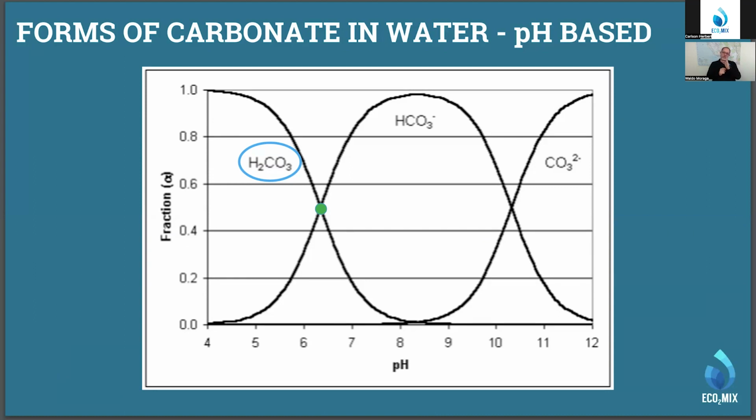But when the pH is around 6.5, we have 50% bicarbonates and 50% carbonic acid. For us, this is the sweet spot for water pH for irrigation. With a pH of 6.5, we have almost all the benefits of the carbonic acid and some bicarbonates, totally necessary for nutrient uptake and soil interactions.